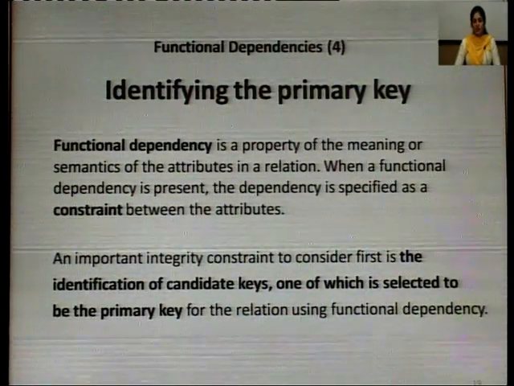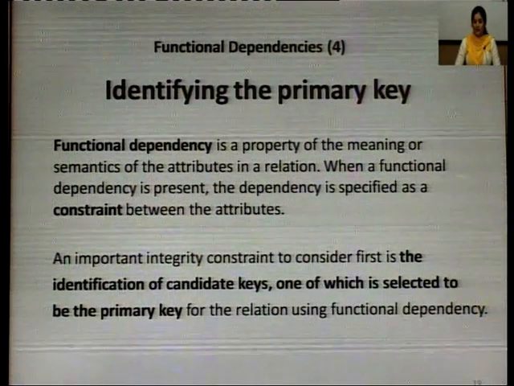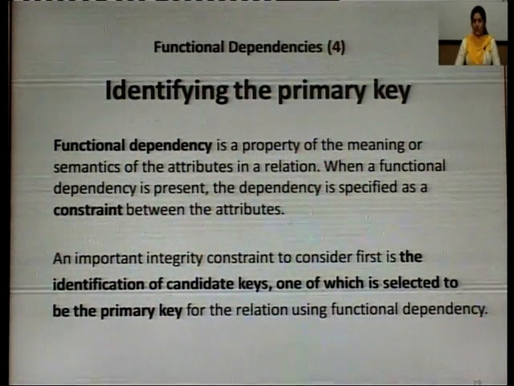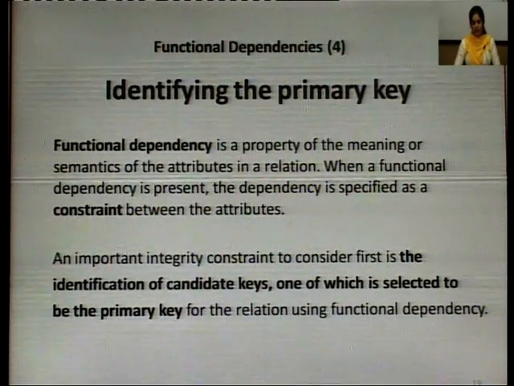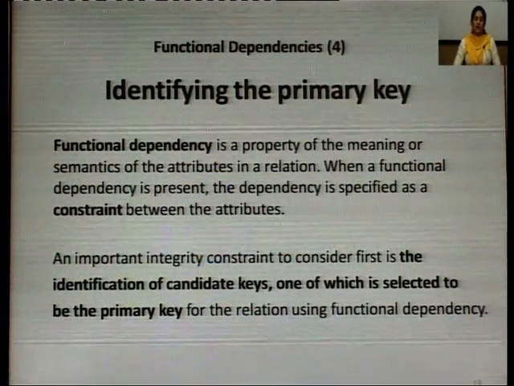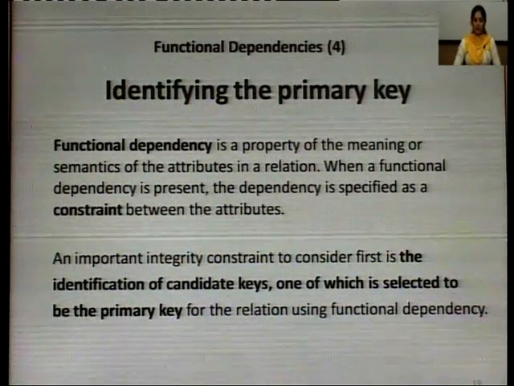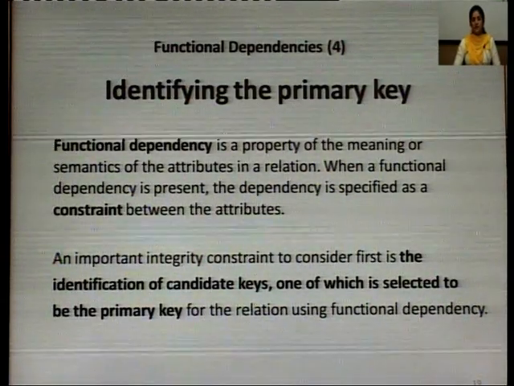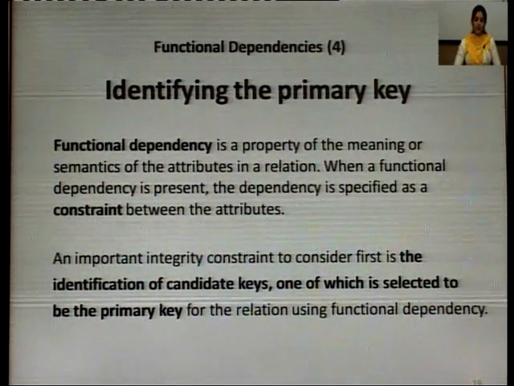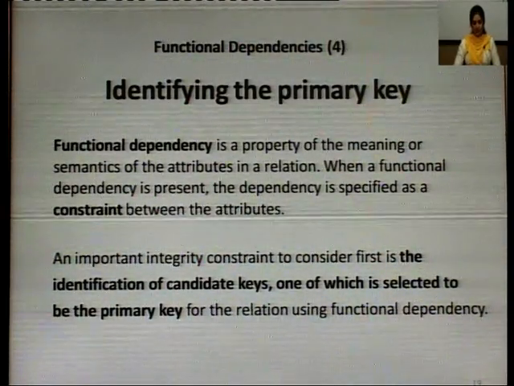An important integrity constraint to consider first is the identification of candidate keys, one of which is selected to be the primary key for the relation using functional dependency. Whenever you are normalizing your databases, you will be asked to choose the candidate keys. What are the candidate keys basically? These are the attributes of your table which can uniquely identify the information which is stored in your database.